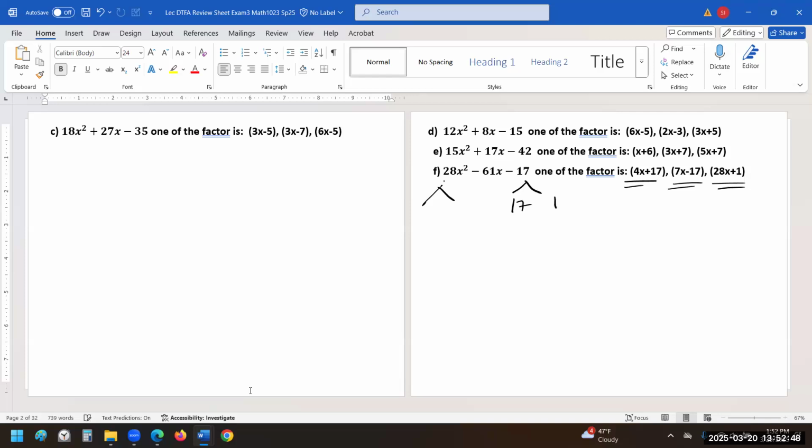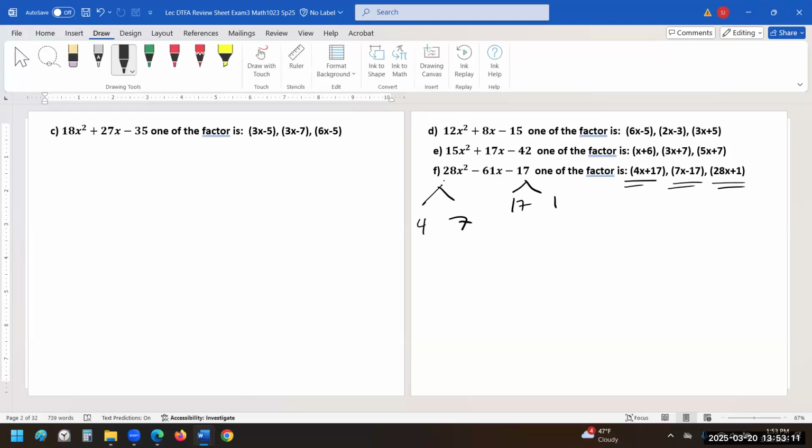And for 28, how are you going to break down 28? Look at the choices. We have 4, 7, and 28. So is it 1 times 28 or 4 times 7? 4 and 7, because I said both of them. So when you say both of them, take that pair. That's what I really want. Good. That's why I say this is easier if you have the choices, because you can see your numbers.